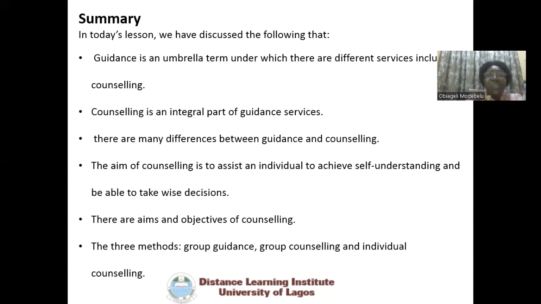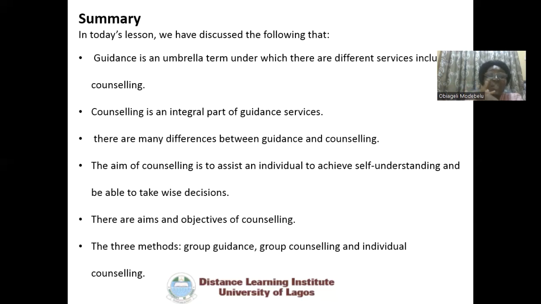We looked at the aims and objectives of guidance and counseling, which include that guidance and counseling helps clients to understand themselves, explore their options, and take wise decisions on the basis of this discovery and understanding of self.